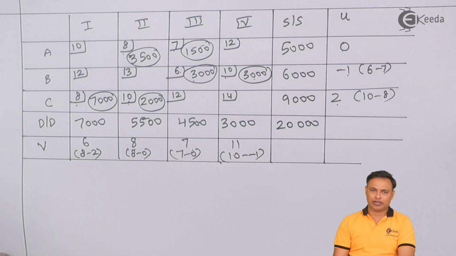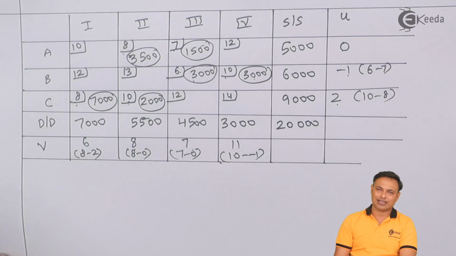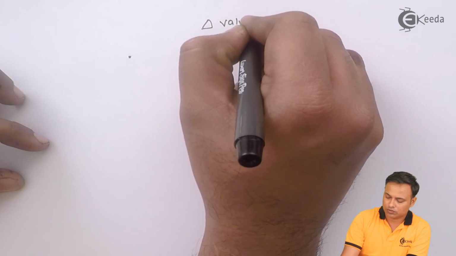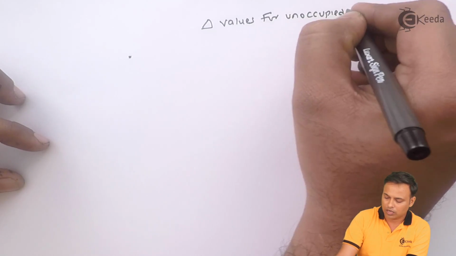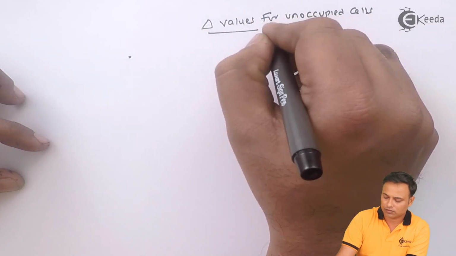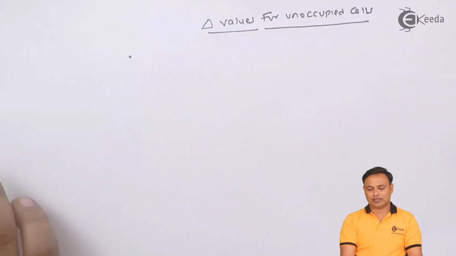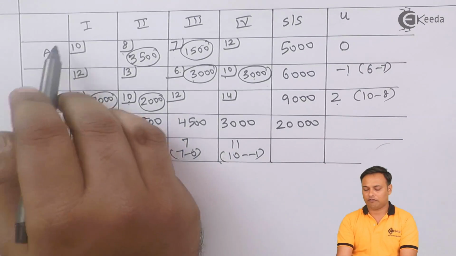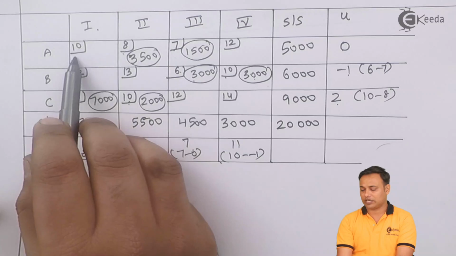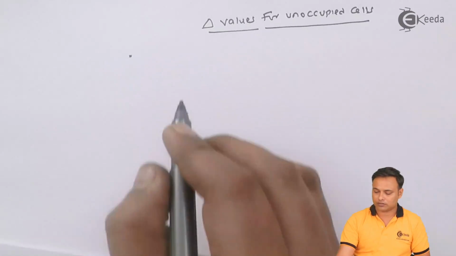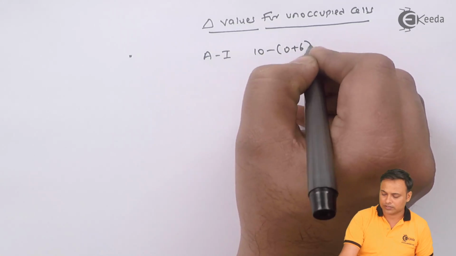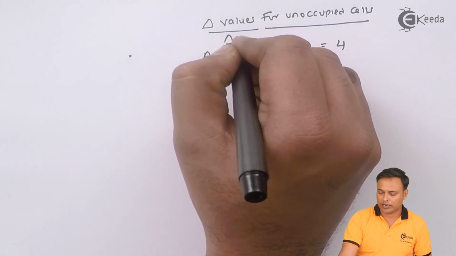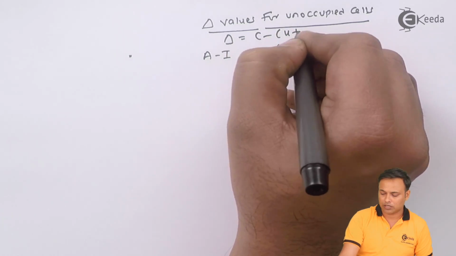Let's check the optimality by calculating the delta values for unoccupied cells. My unoccupied cells are A1. A1 cost is 10 minus 0 plus 6. Remember the formula, delta is equal to cost minus u plus v.